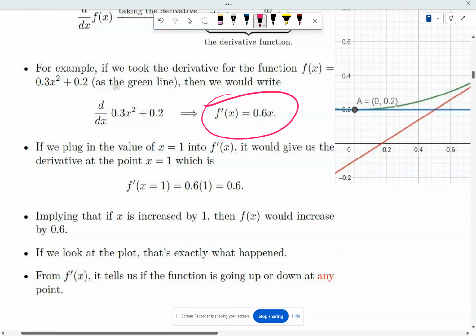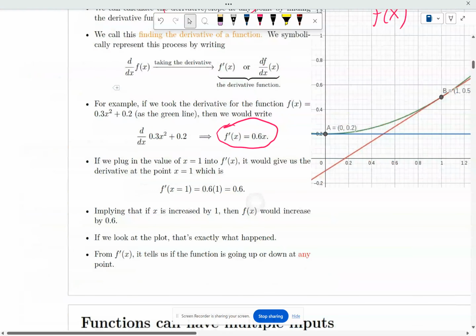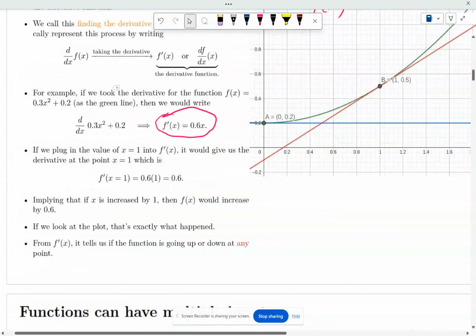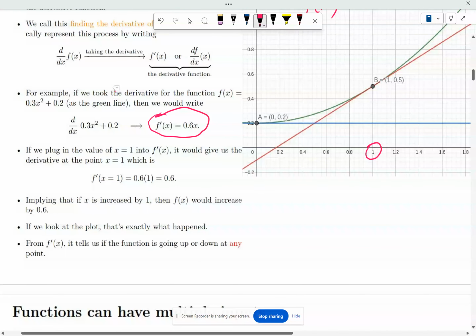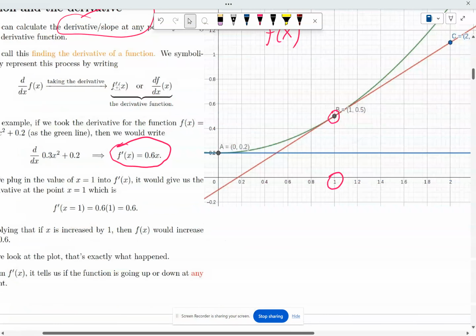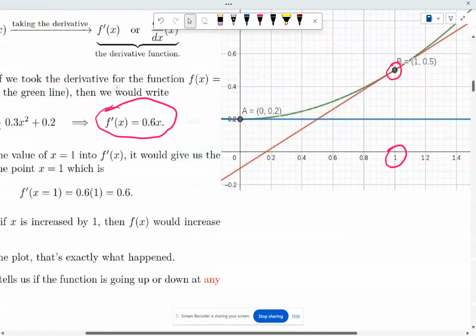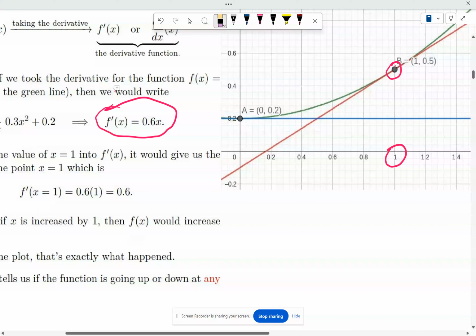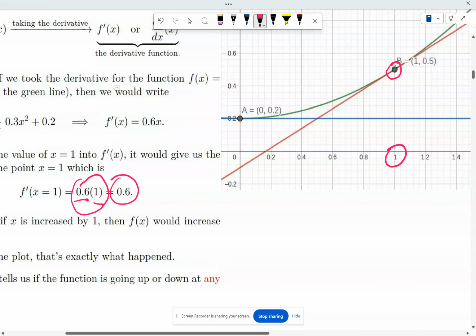That's what we're going to do today. But the point is, once you have the derivative, you can plug any value into the function. For example, if you plug 1 in here, it'll be 0.6 times 1, which is just 0.6.